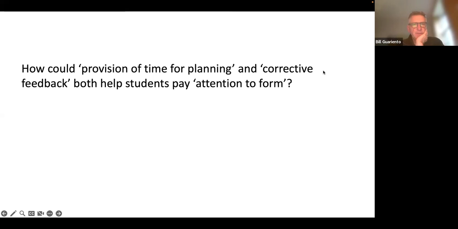How could provision of time for planning or corrective feedback both help students pay attention to form? So we've got two things that teachers can do: provision of time for planning for the students, or corrective feedback. You can tell me about one or the other. I don't mind.